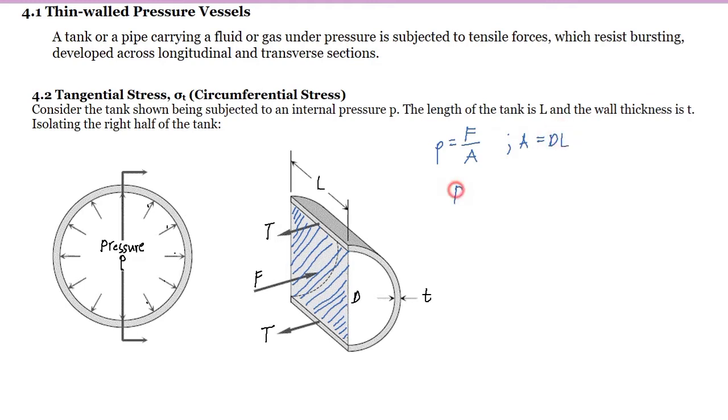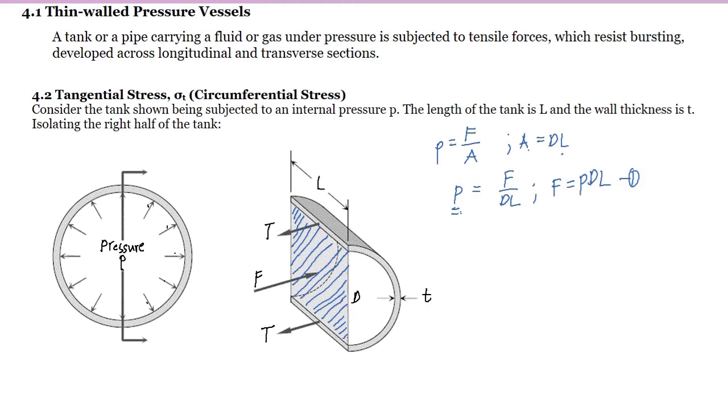So we have here the pressure is equal to force over the product of DL. So we substitute DL to the area, and we have here force is equal to PDL, and this is our equation 1.